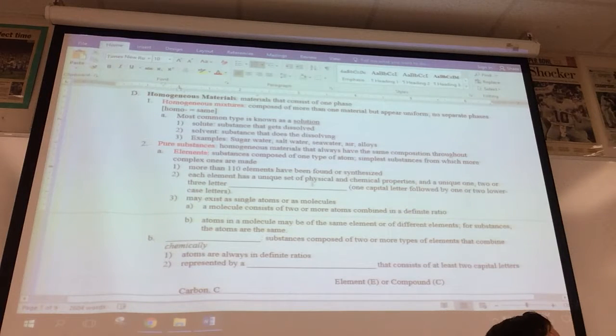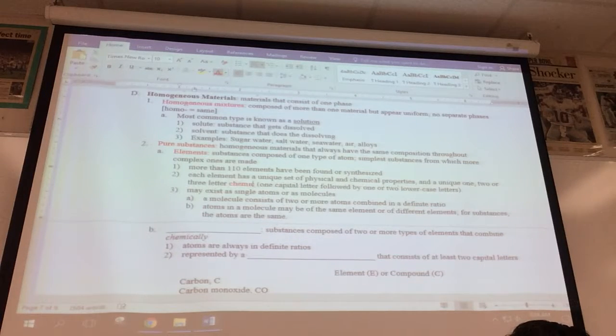So as I said, each one is unique. It has a unique set of physical and chemical properties. We'll talk about that in the secondary lesson. And it involves a 1, 2, or 3 letter chemical symbol. Now here's where I think some of the molecule confusion came in earlier. They can exist as single atoms, like, for example, lithium, Li, or they can be molecules.